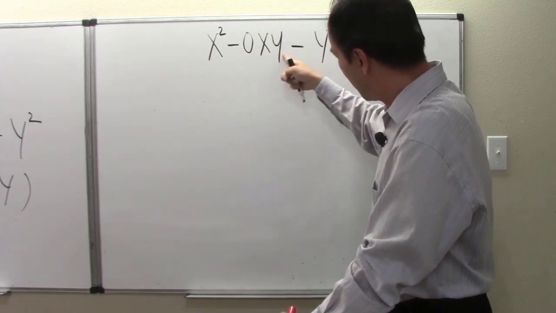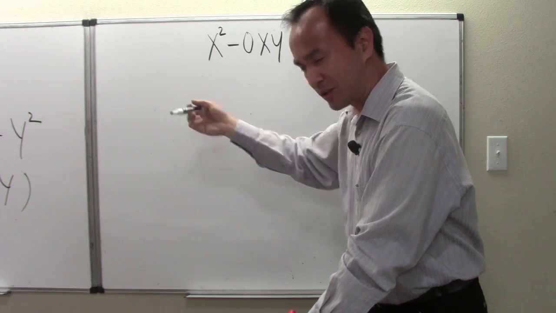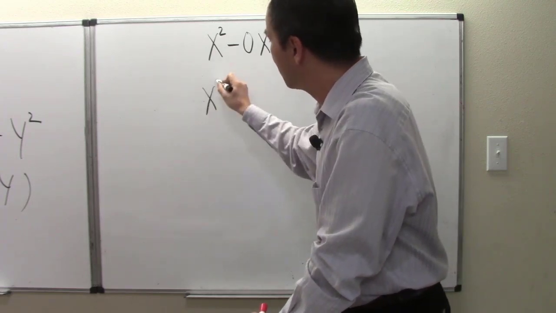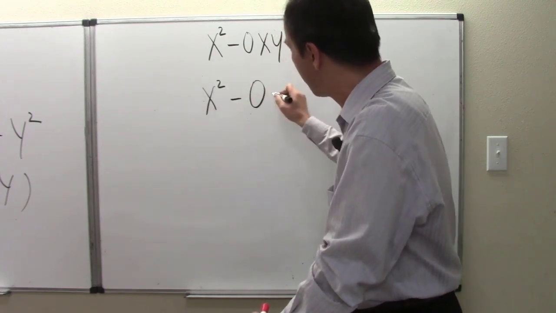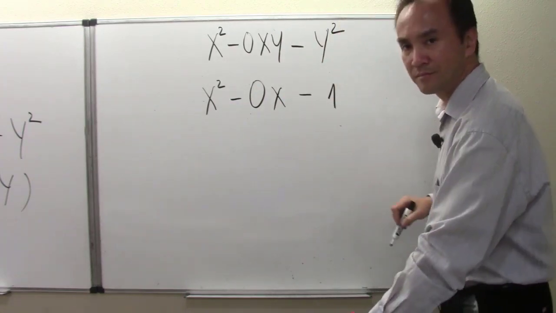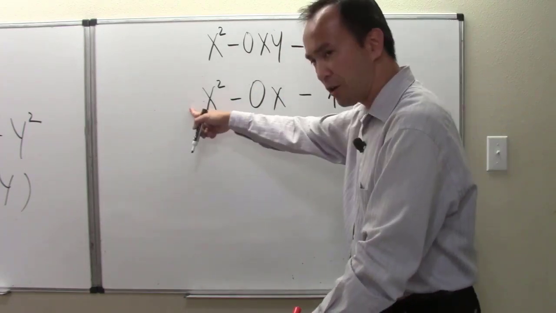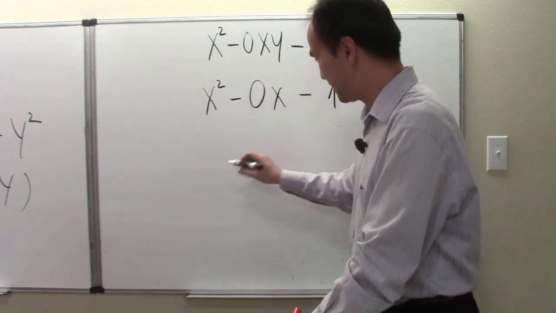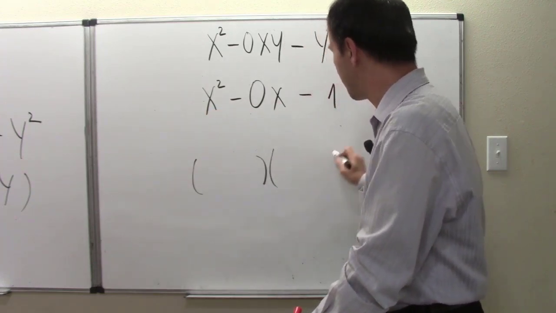We can ignore the y variable. It's just me, I tend to ignore the y variable. So we turn that into x squared minus 0x minus 1. And so again, leading coefficient 1 now, 1 variable.